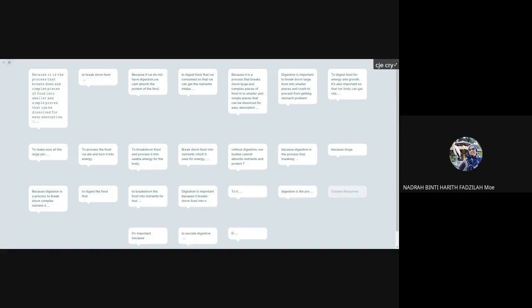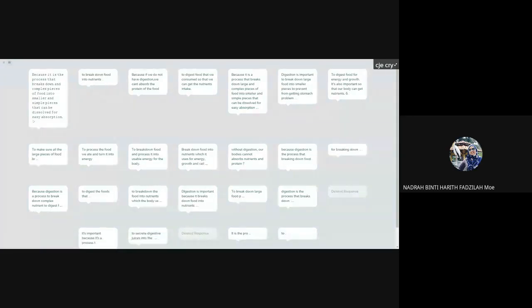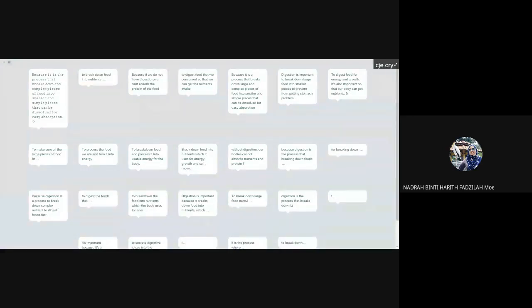Okay, very good. Okay, I agree with your ideas. Since the food that we eat is very complex and consists of big molecules, macam kita discuss masa chapter 4 hari tu kan.